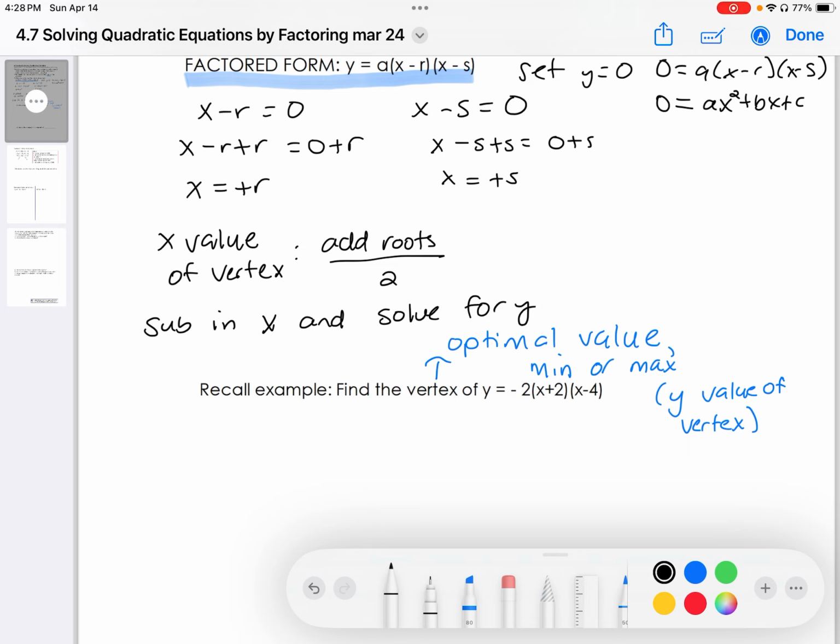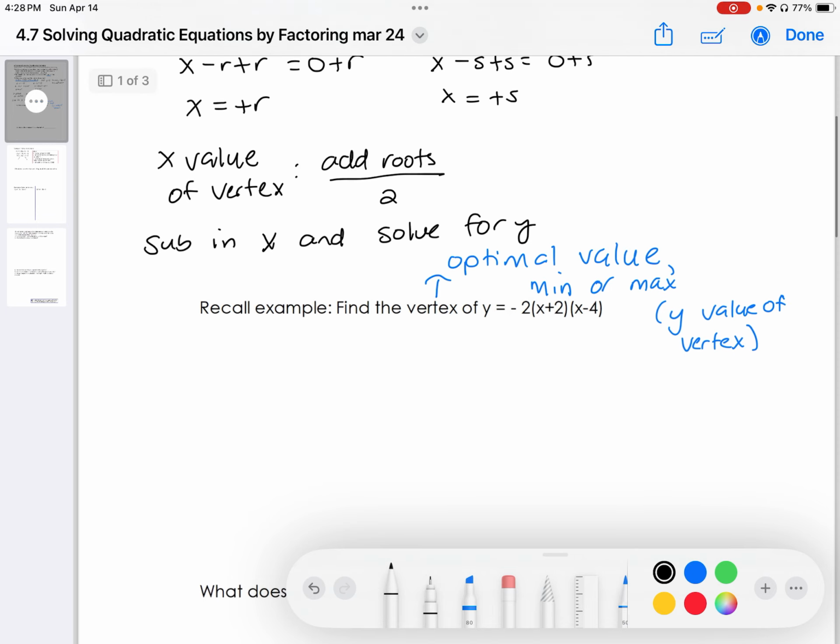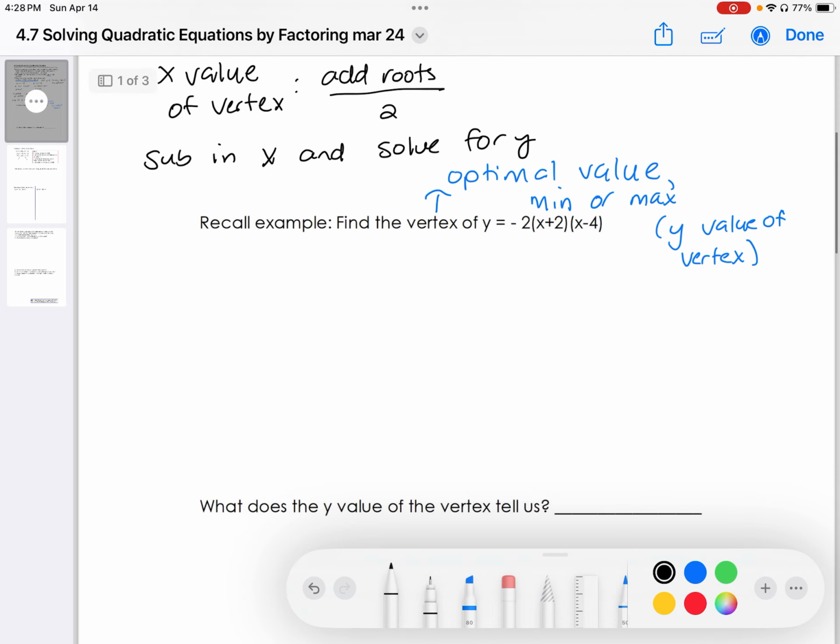So really, in a lot of ways, this was the most amount of algebra you had to do in Unit 3: add the roots together, divide it by 2, and then sub in the x and solve for y. But you would have already had the equation similar to this example here.